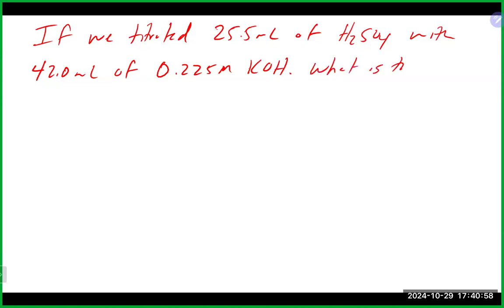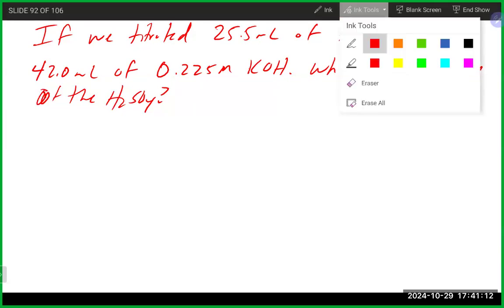What is the molarity of the H2SO4? All right, so I want to take a moment, see what you come up with. I'll do it as well because I just made up the numbers, so we'll hope for the best.